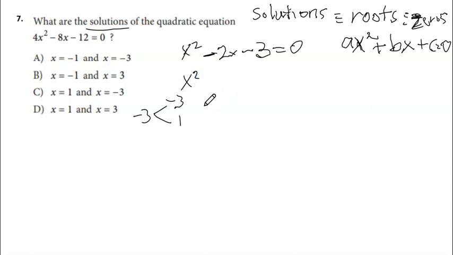And then I would say this is a positive 1. So I would say plus x, right? And then minus 3x, right? So these 2 are from here. I'm just decomposing the b term, the second term. And then I continue by writing my minus 3 equals 0. All right?